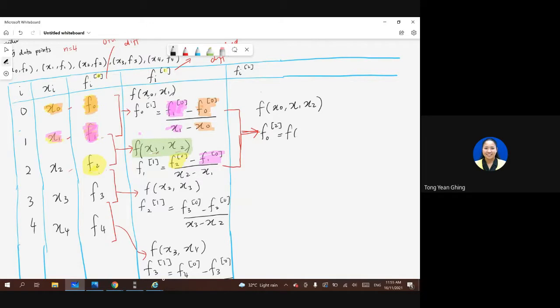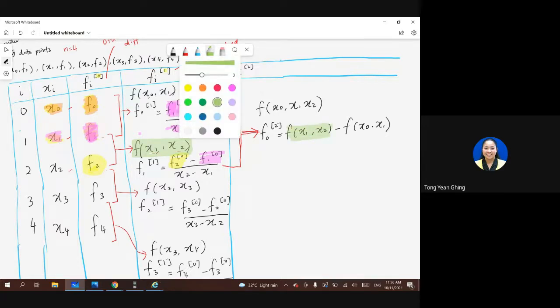Saya akan guna f minus dengan f x0, so this one minus this one is actually this value.